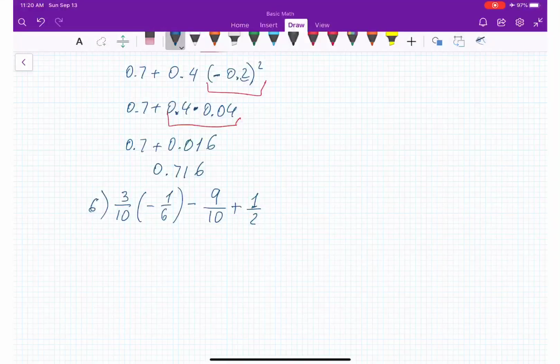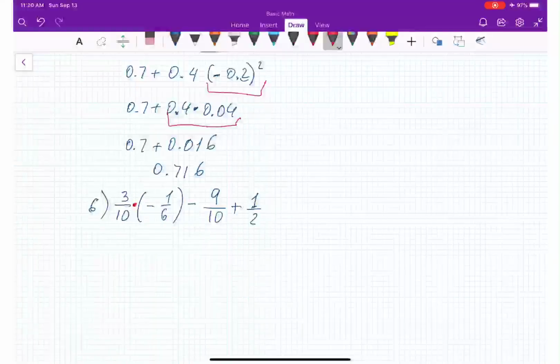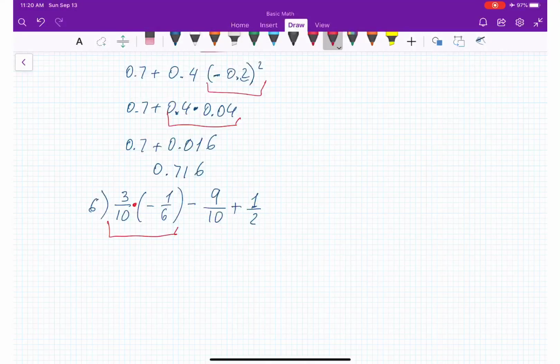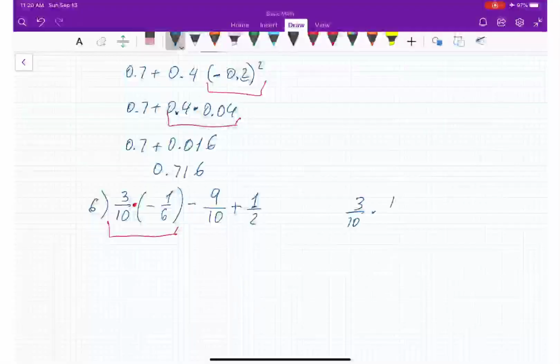Okay, so since we have multiplication here, the first operation is going to be our multiplication, which means 3/10 times 1/6.